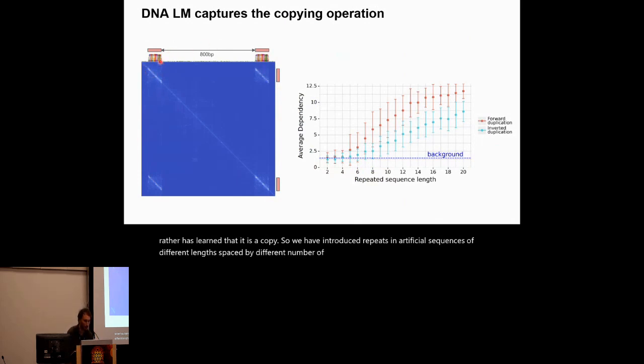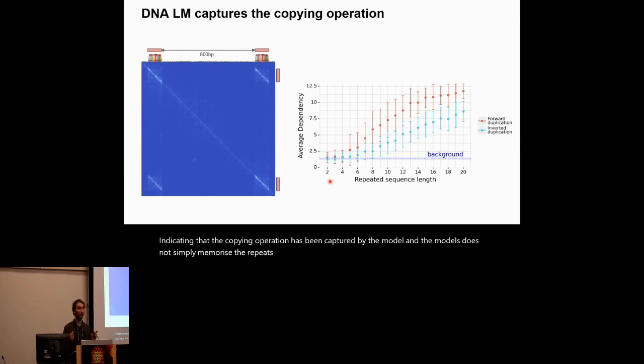And as you see here, if you introduce a completely random repeat of 100 base pairs, 800 base pairs away, you can see the parallel pattern showing up. And indeed, if you start introducing repeats with bigger lengths, then these dependencies also increase, indicating that the copying operation has been captured by the model, and the model does not simply memorize the repeats.